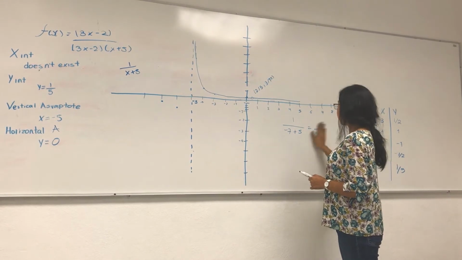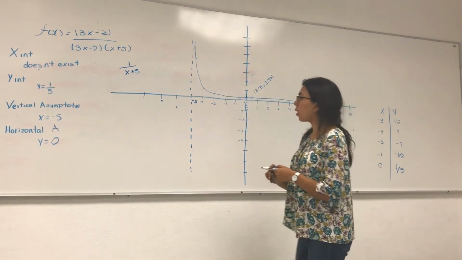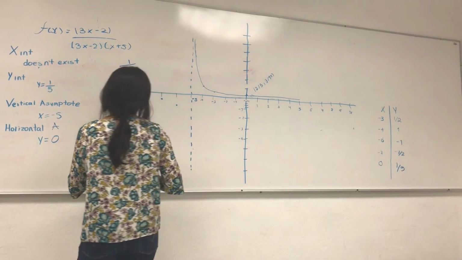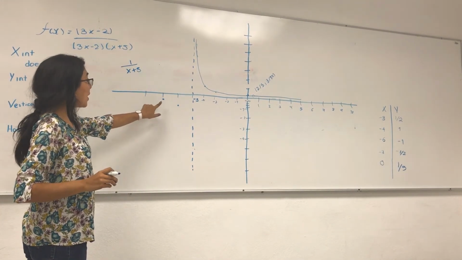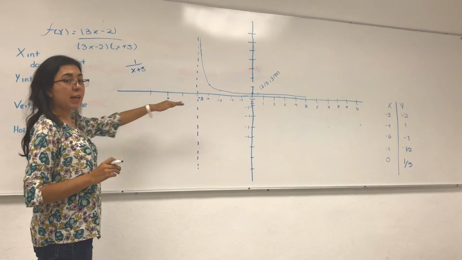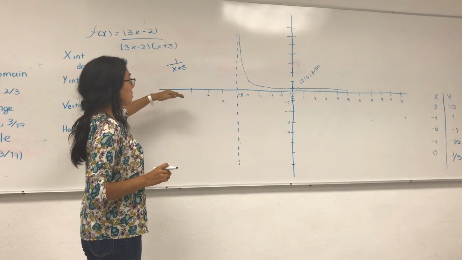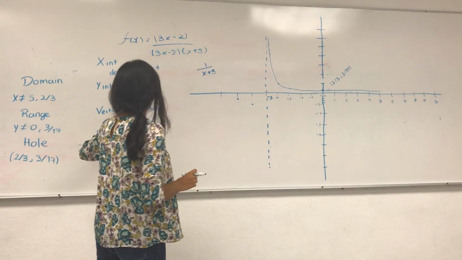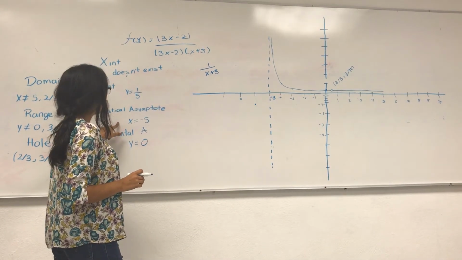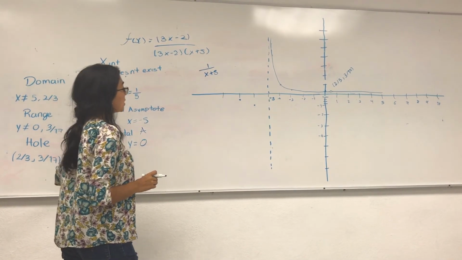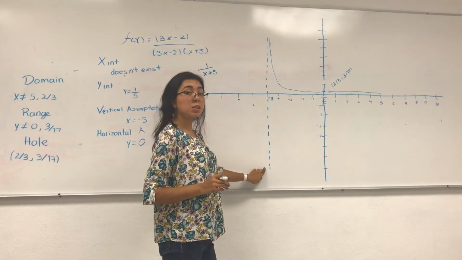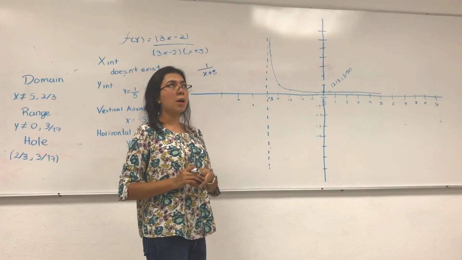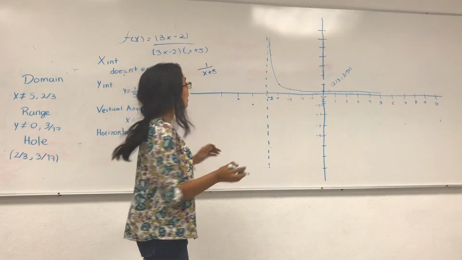So that's it. So we know our graph will try to get to the x-axis, but because the x-axis is also a horizontal asymptote, we'll never touch it. And we also try to reach this line, but also it will never touch it.